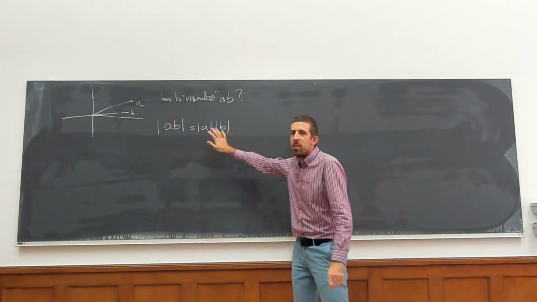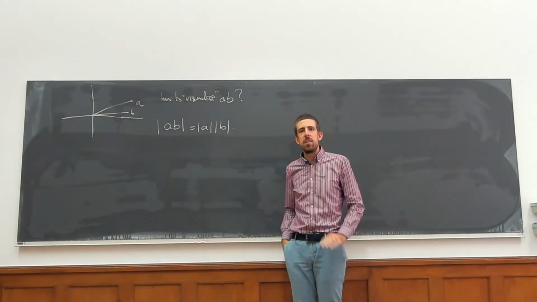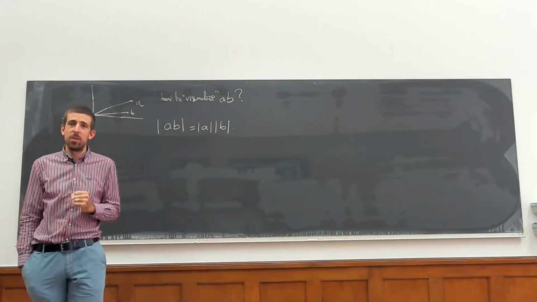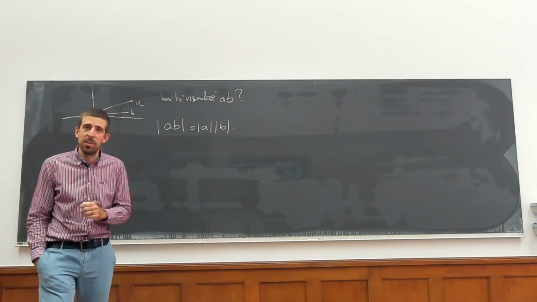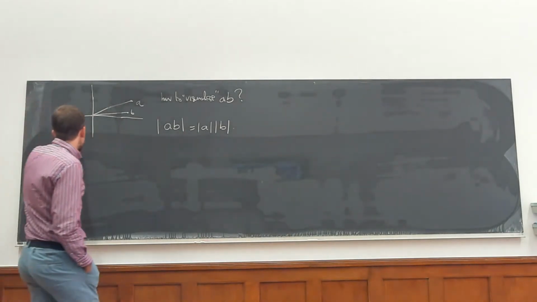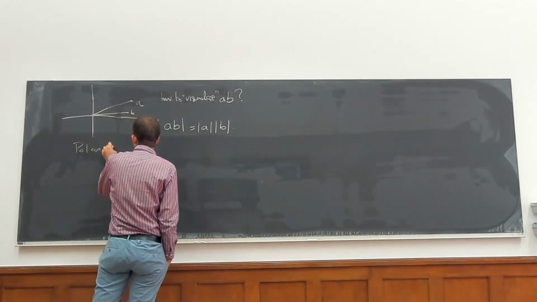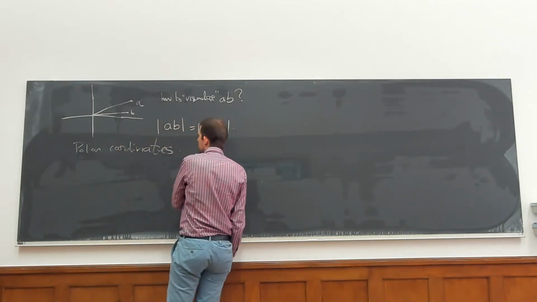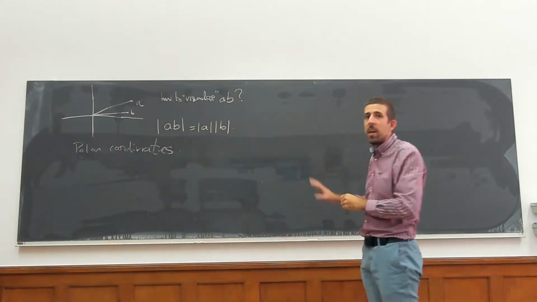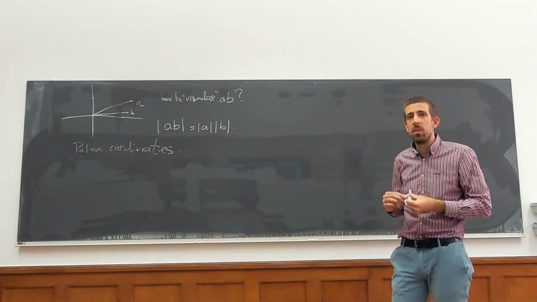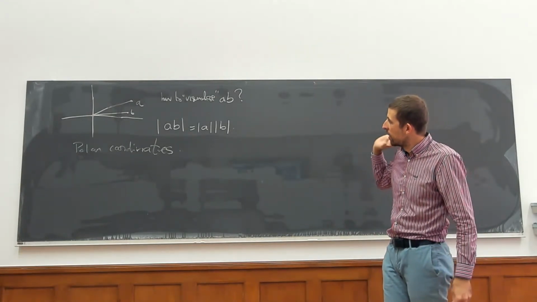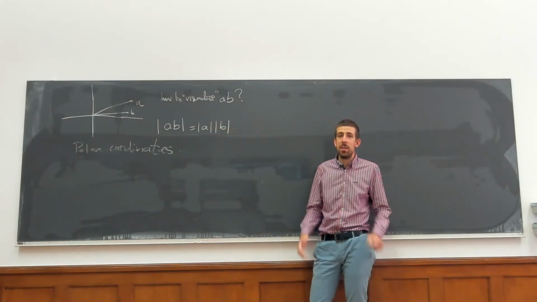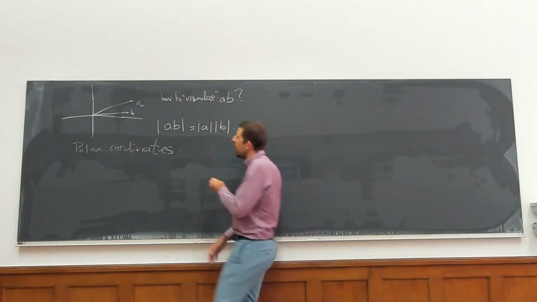Because the operation is very predictable on the norm, we should think of a number as the norm and something else that can tell me what the number is. This is exactly what polar coordinates do. Polar coordinates are a way of representing numbers where you learn the size, the length, and you learn also the angle.